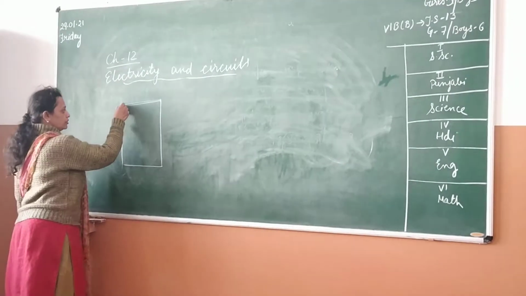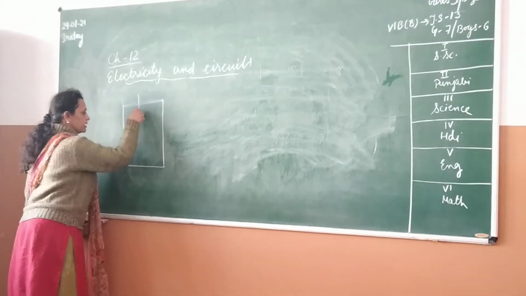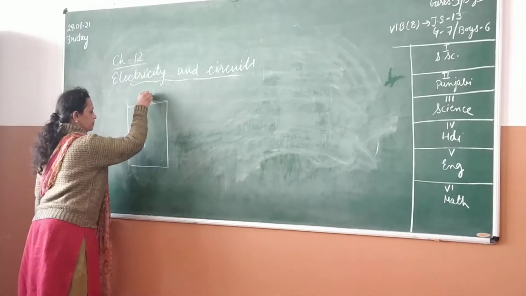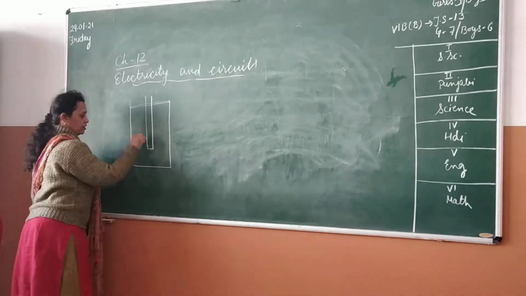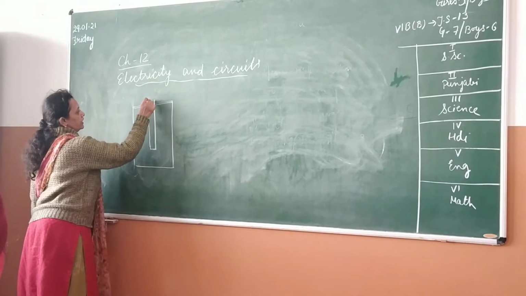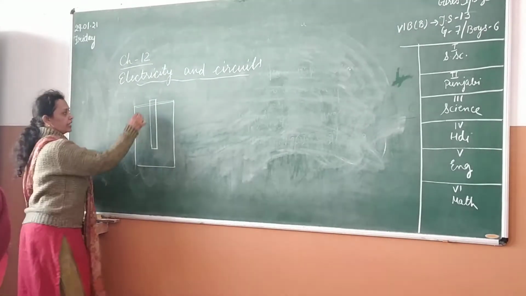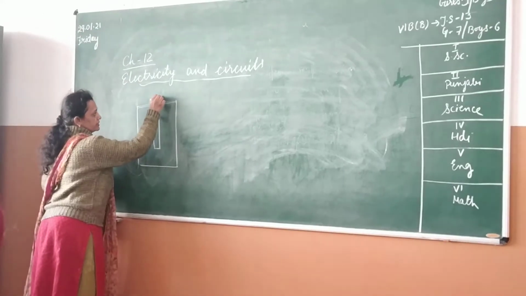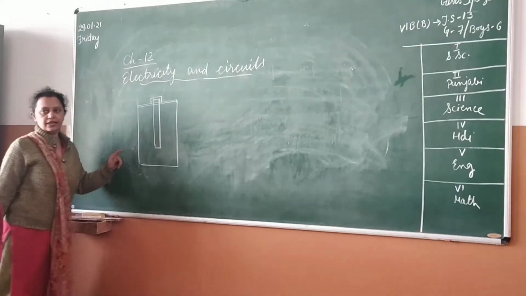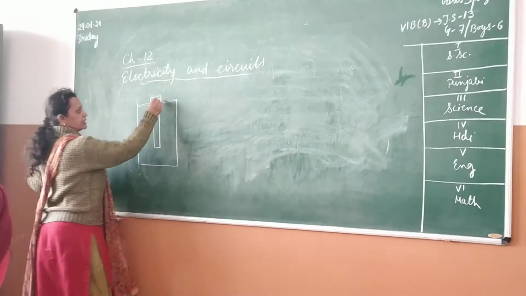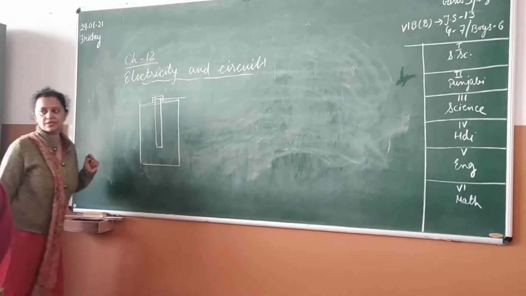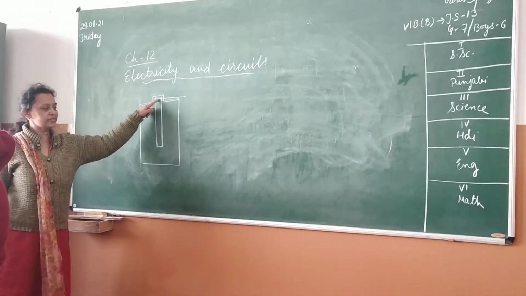You have to make a carbon rod in the center of a metal container. The tip of this carbon rod is made up of glass. Clear? And this acts as, yes? What is this?